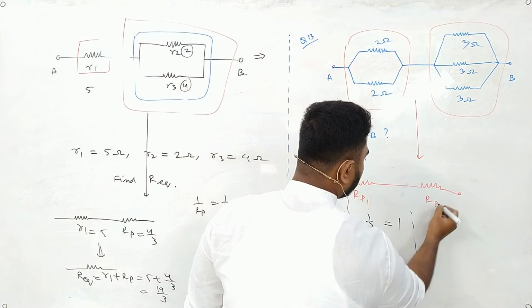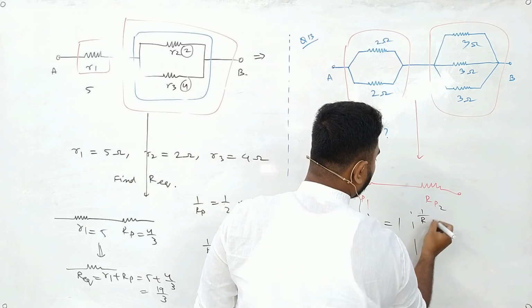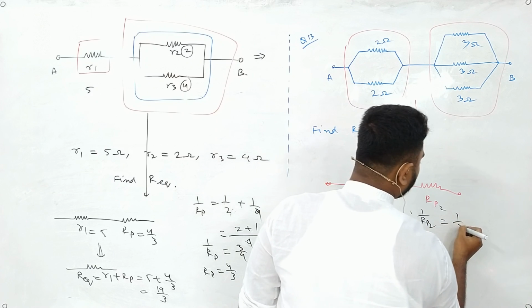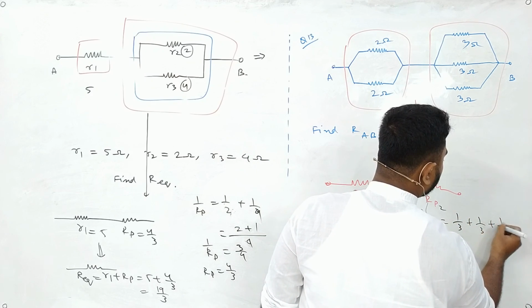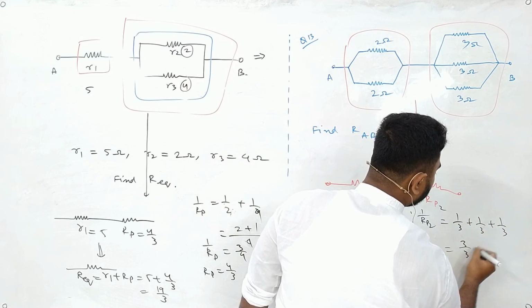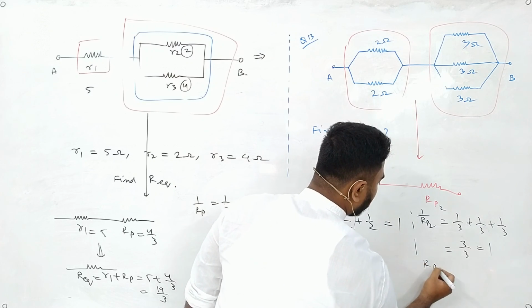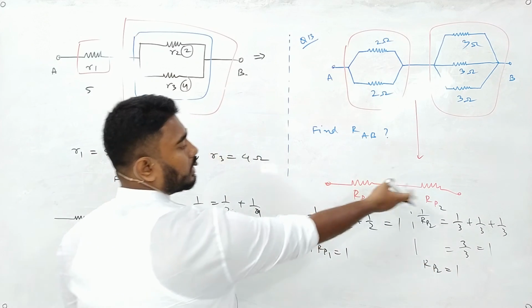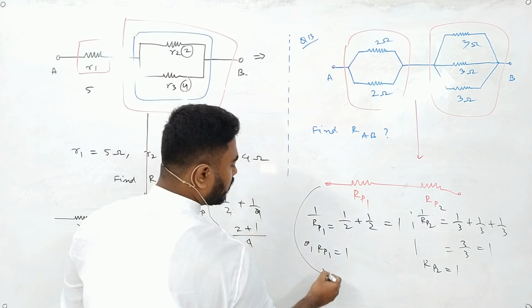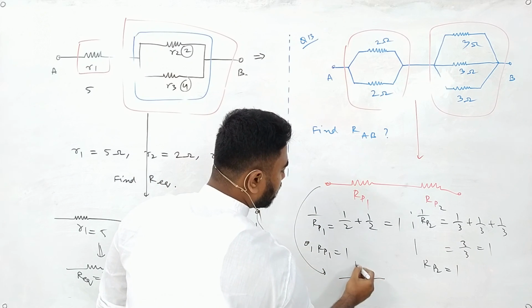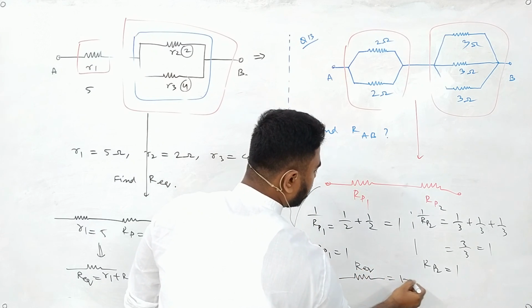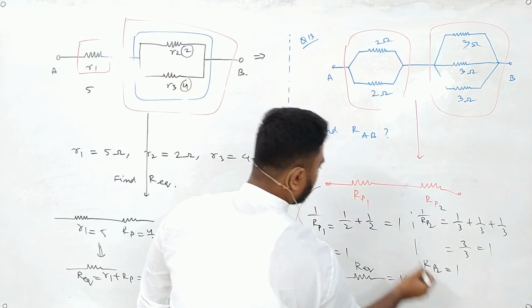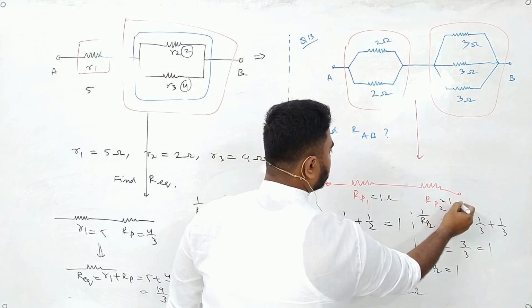What will be RP2? 1 by RP2 will be 1 by 3 plus 1 by 3 plus 1 by 3, that will be 3 by 3 equals 1, or RP2 will be 1. See, they are in series, so from this we can write a single resistance R equivalent, that will be 1 plus 1, 2 ohm, because this is 1 ohm, this is 1 ohm.